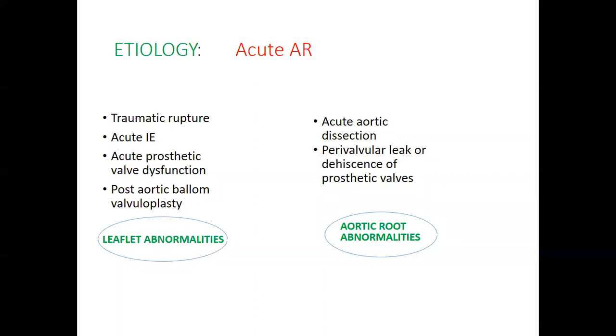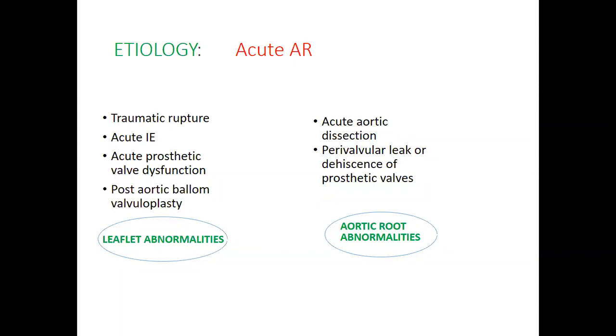Among the aortic root abnormalities, acute aortic dissection is a very common cause of aortic regurgitation. Sometimes peripheral leak or dehiscence of the prosthetic valve occurs, and this most commonly occurs in patients suffering from infective endocarditis. So in acute AR, these are the most common causes of acute regurgitation.